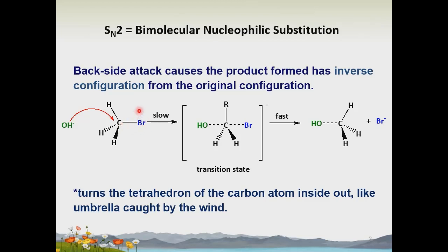So this will cause the product formed to have an inverse configuration from the original configuration. It is said that when the tetrahedron of the carbon atom becomes inside out, it looks like an umbrella caught by the wind.